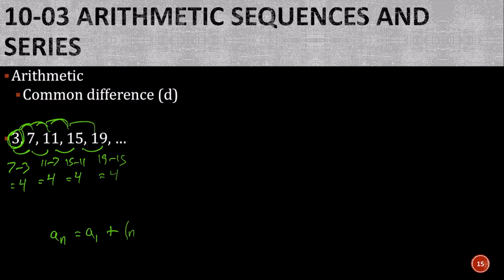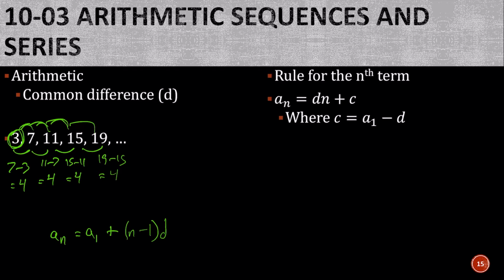So it'd be adding the d one less time than the term number. If you distribute and rewrite it, you can end up with a_n equals d times n plus c, where c is a_1 minus d, or what we just had, a_n equals a_1 plus n minus 1 times d.